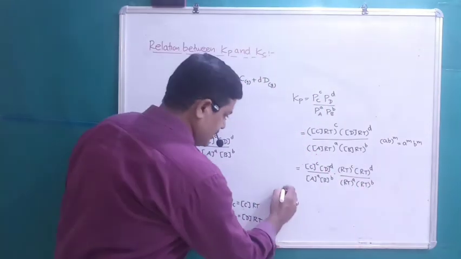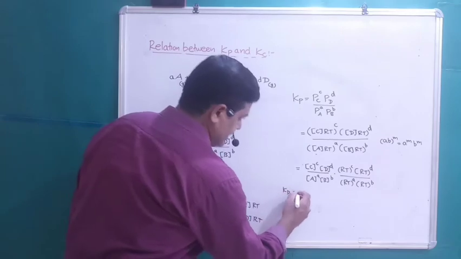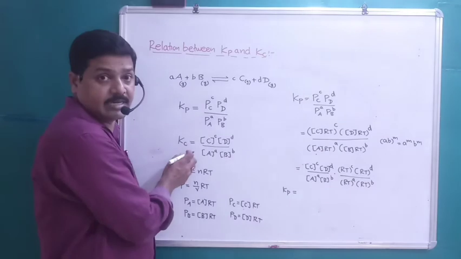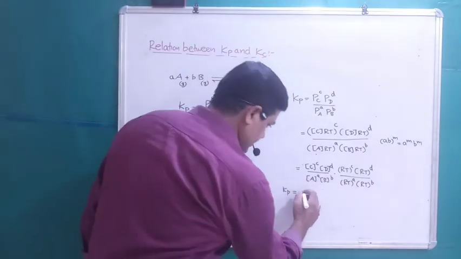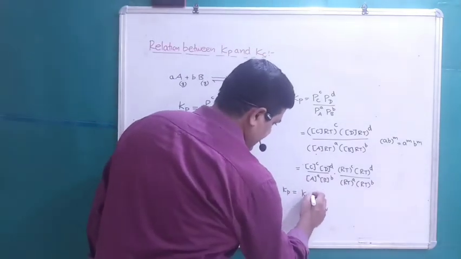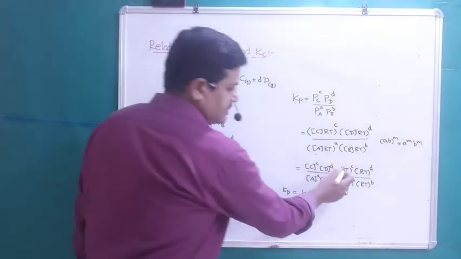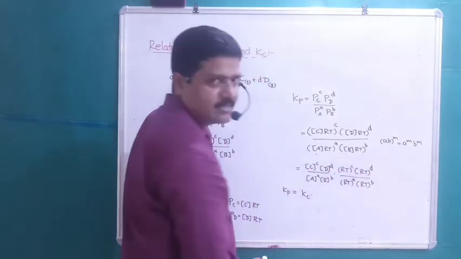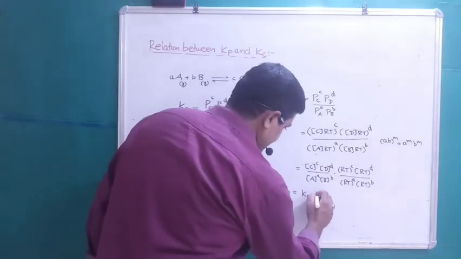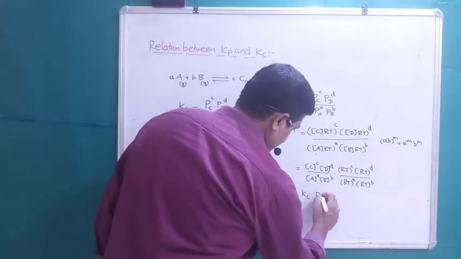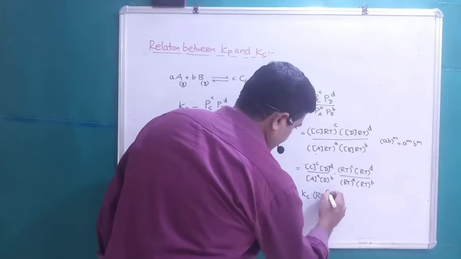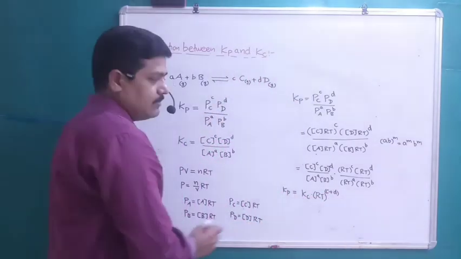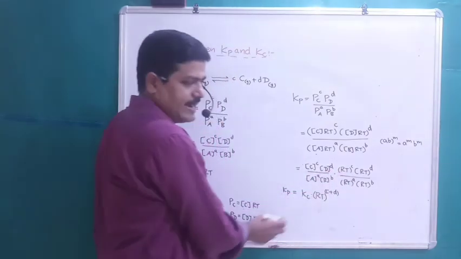Then Kp is equal to this total expression, which we can write as Kc multiplied by (RT) power C, (RT) power D, (RT) power A, (RT) power B. This we can write as (RT) whole power C plus D. When the bases are the same, powers can be added.